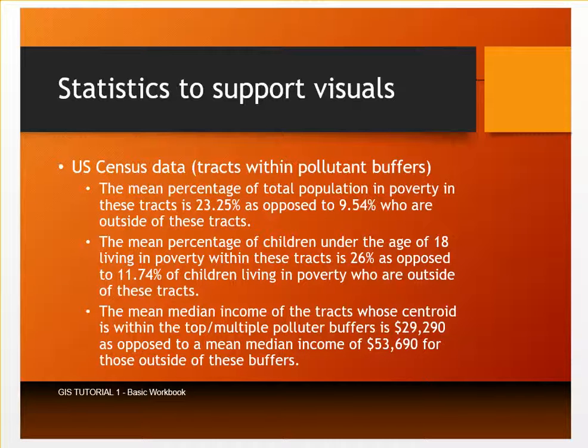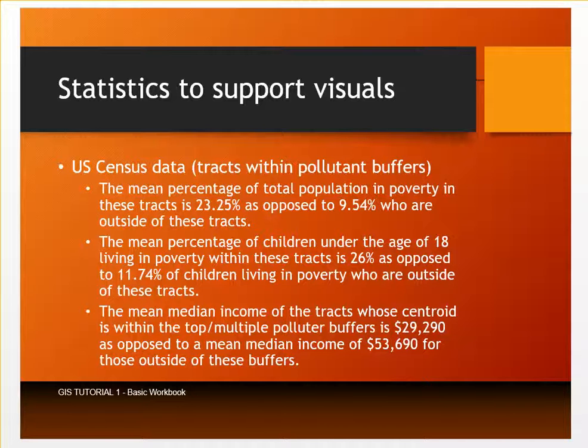Now we can drag some statistics from the tables. We have the tract data here within the pollutant buffers, and we can do some basic statistics. The mean of the population in poverty is 23%, as opposed to 10% outside of those tracts. The percentage of children under 18 is higher in those tracts.